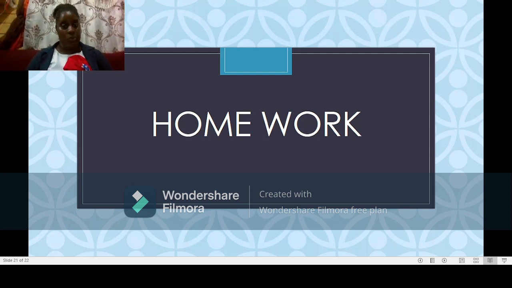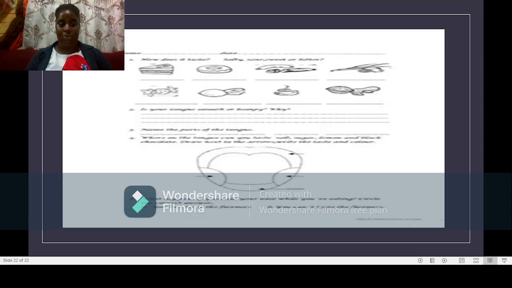Your homework is also located in the Google Classroom, and it entails you listing the types of taste we would taste when we have the various foods on the worksheet, whether it be sweet, sour, salty, bitter, or umami. You will also be labeling the parts of the tongue again, just to make sure that you would have grasped the parts of the tongue, as well as answering a few short questions.